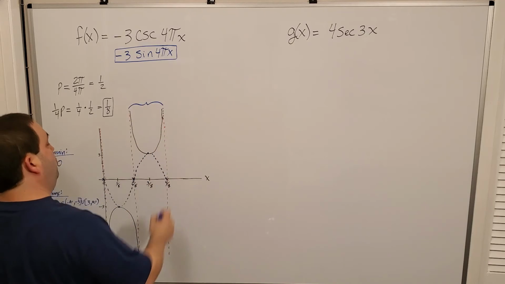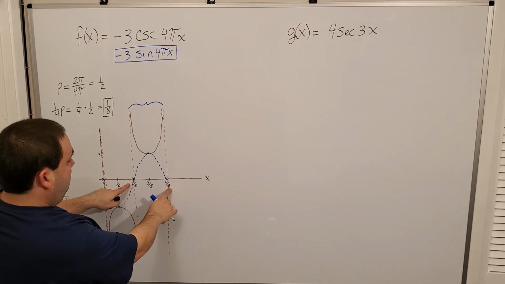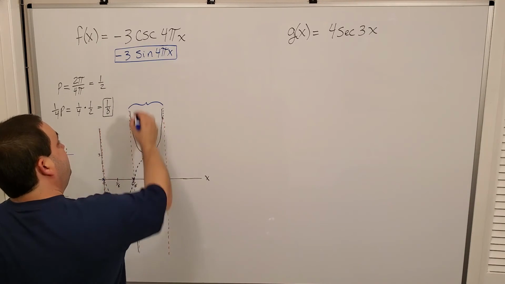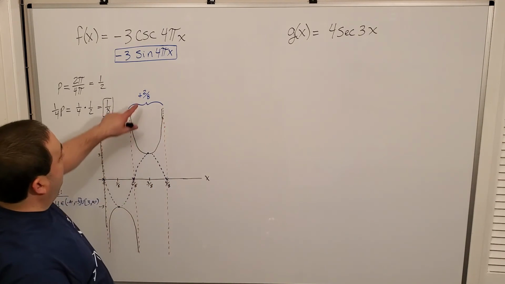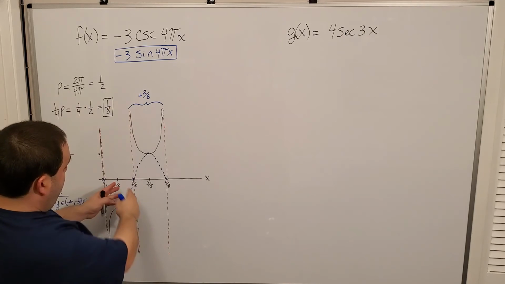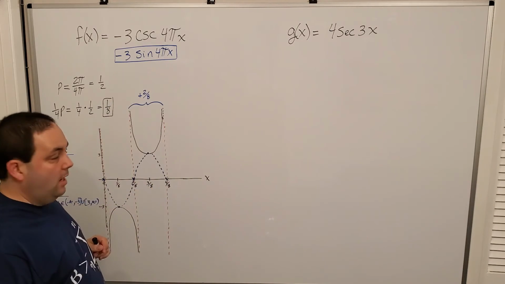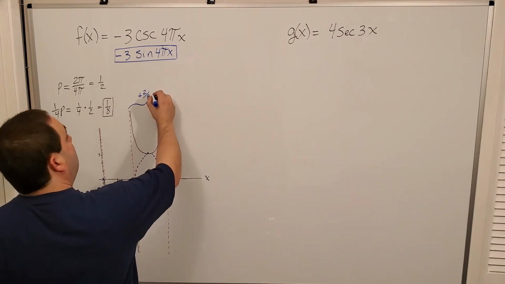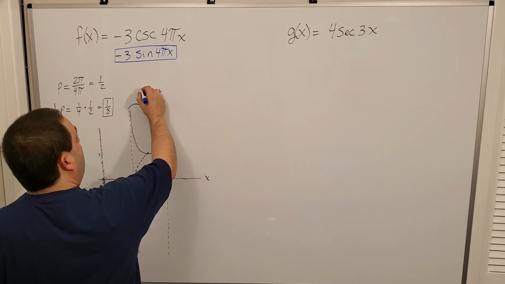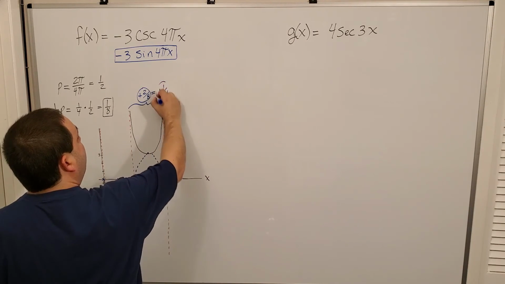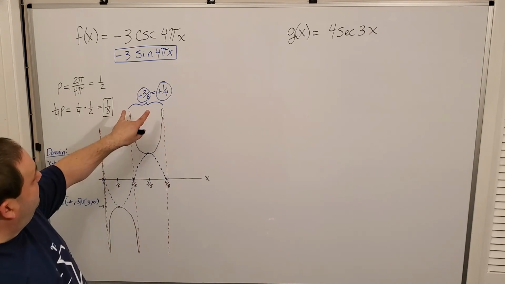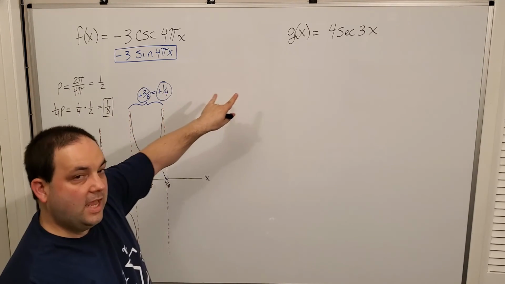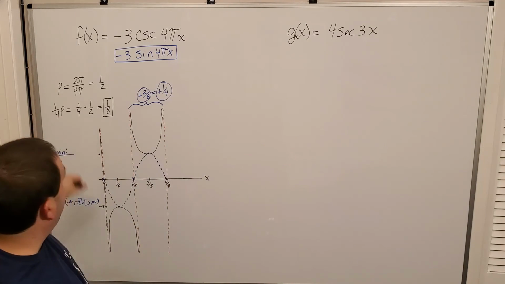From here to here, 2/8 to 4/8 is a total of plus 2/8. Okay? So I'm just counting because that's the way I have these counted out, right? If you want to reduce this to plus 1/4, that's fine. But that's going to be the constant distance between every set of asymptotes, both directions.